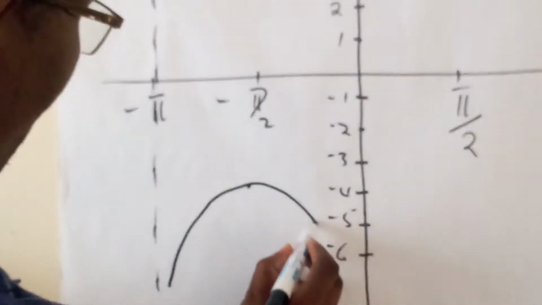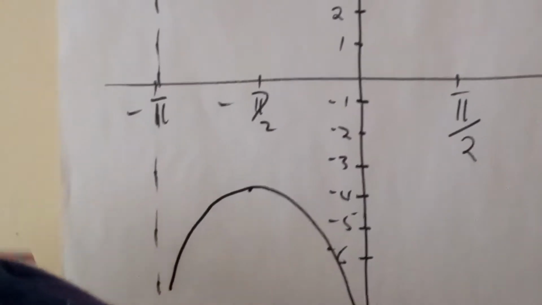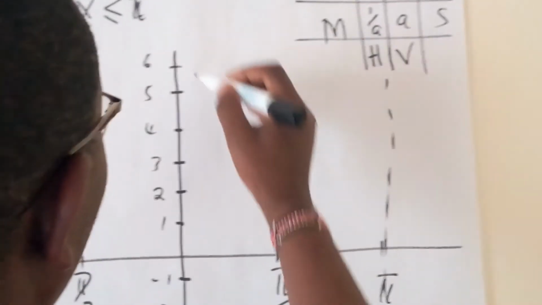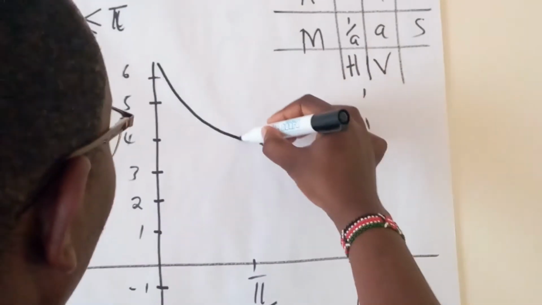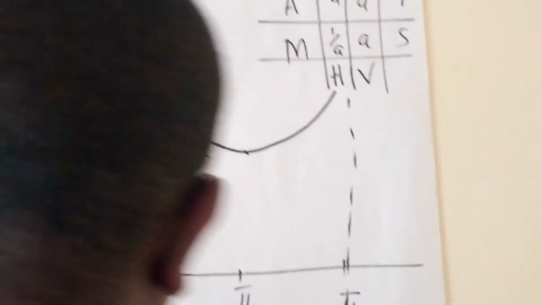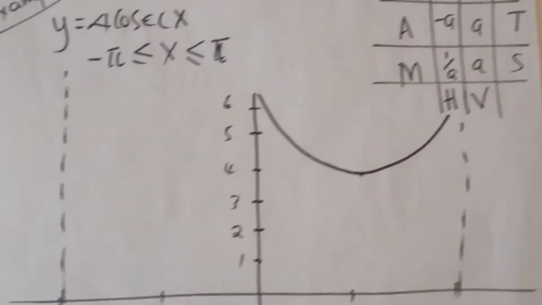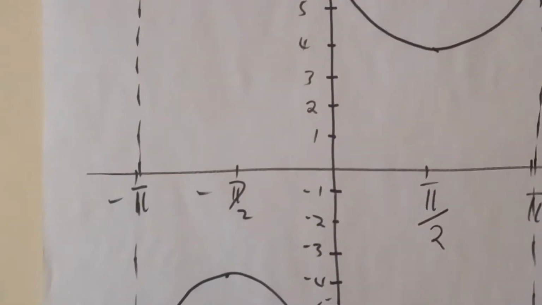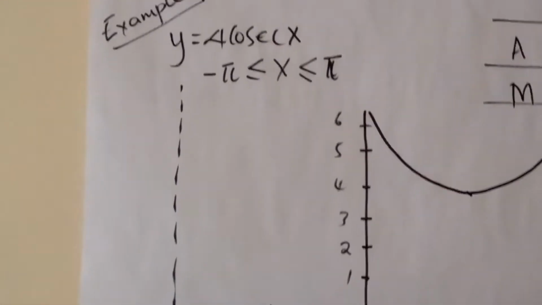So we are going to have such kind of a graph. And the same case applies here. This will be the turn. So we are going to have such kind of a graph. That is as far as part A of the question is concerned.